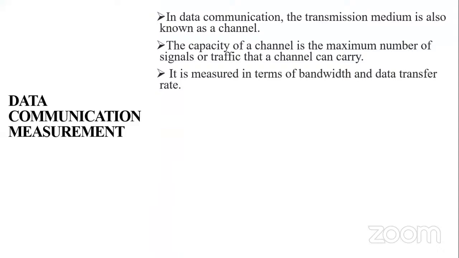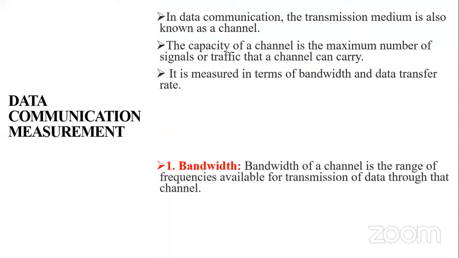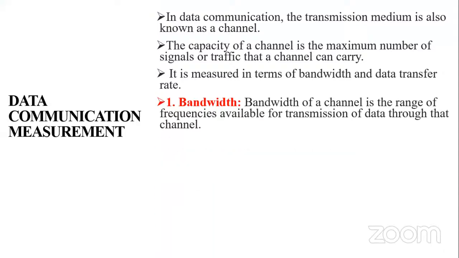What do you mean by bandwidth? We will see. The bandwidth of a channel is the range of frequencies available for transmission of data through a particular channel. Concentrate on this sentence.